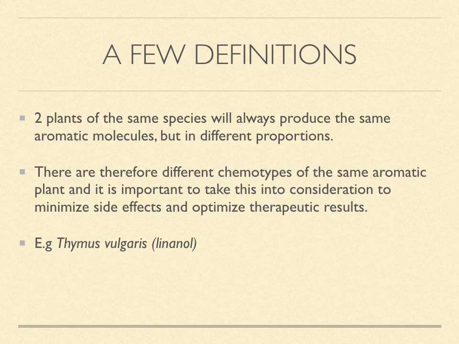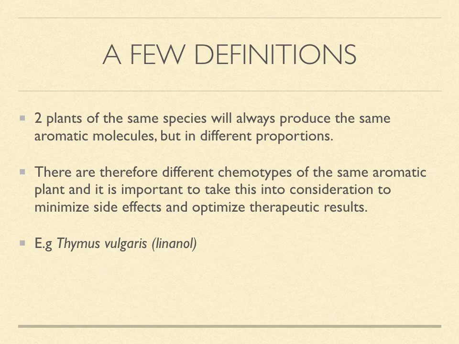So for example, a thyme plant that grows in southern France, although it will produce the same aromatic molecules as a thyme plant of the same species growing in southern Italy, because the proportions will be different, the final therapeutic properties of these two chemotypes will be different. And we need to take that into account because that can influence both the therapeutic profile and the precautionary principles that we need to apply to use these essential oils.